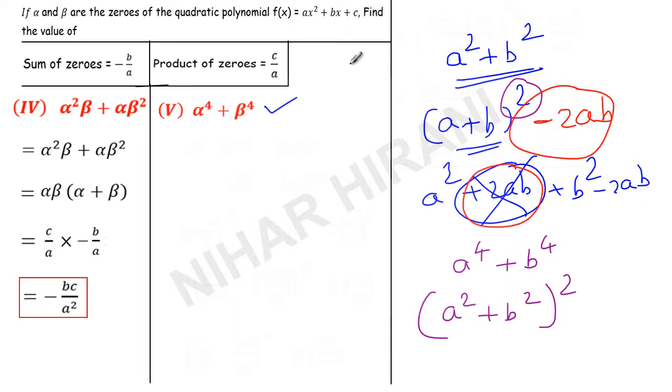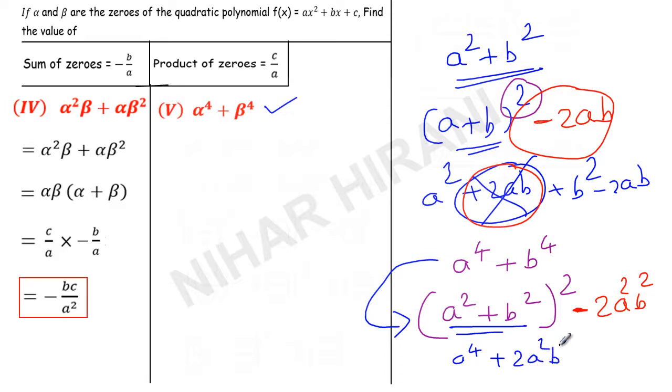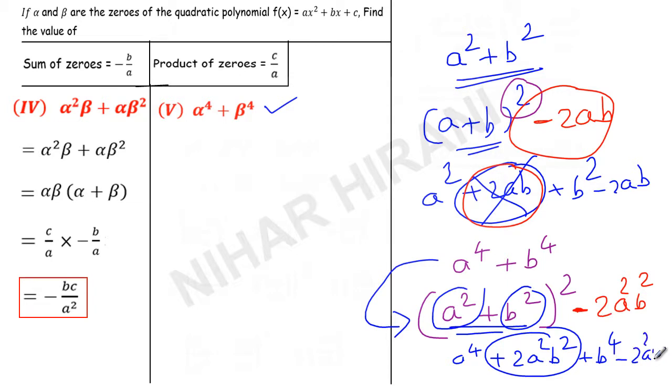So I have to write minus 2a square b square, isn't it? What is the reason? If you expand this, it will be a power 4 plus 2a square b square plus b power 4. So this is extra. I want to remove the effect of this, so I will do minus 2a square b square.